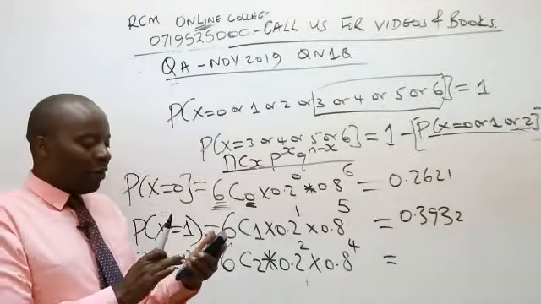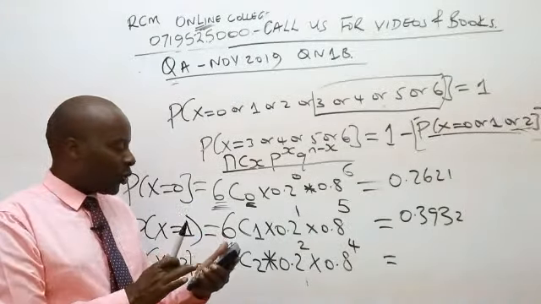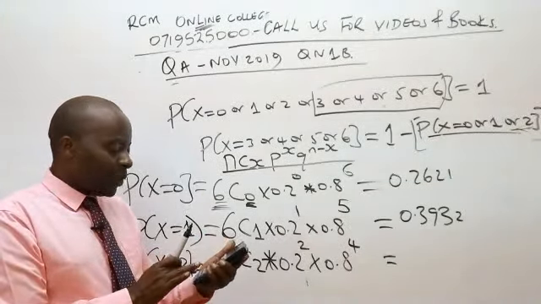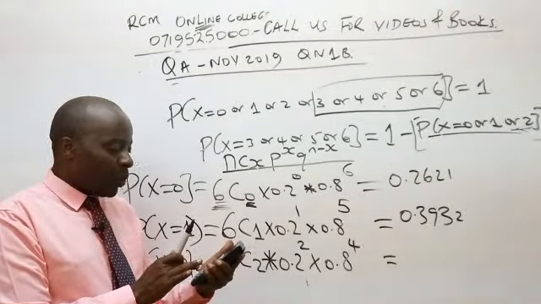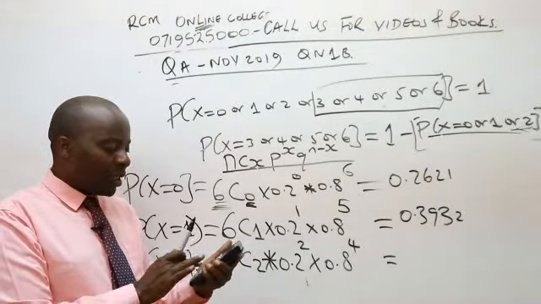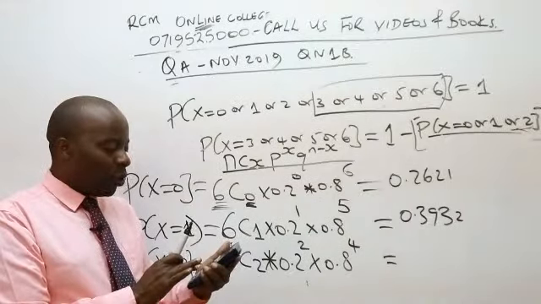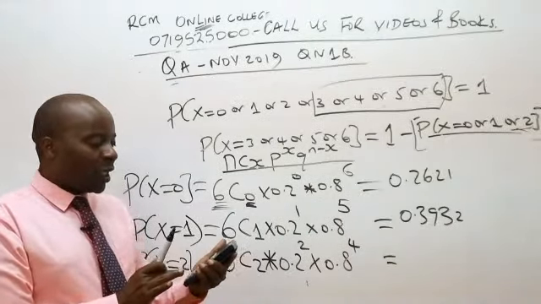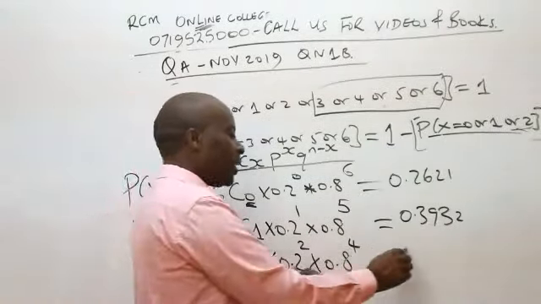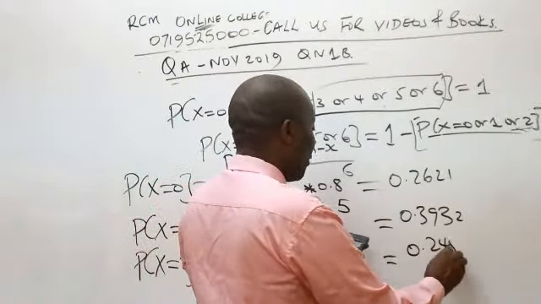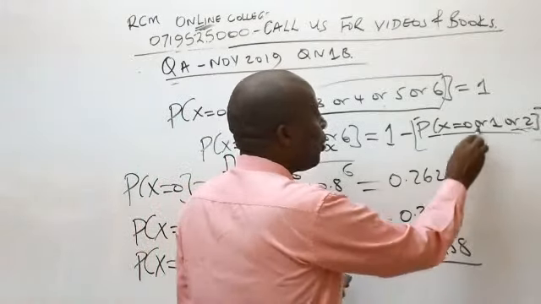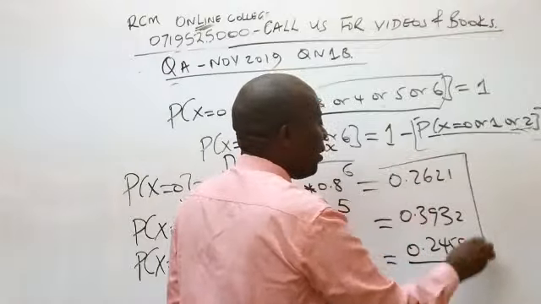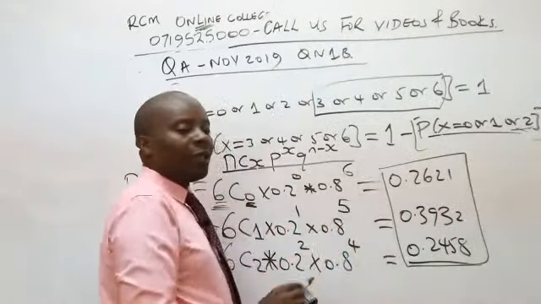So we have 6 combinations 2 times 0.2 raised to power 2 times 0.8 raised to power 4. At the end of the day, we'll end up getting 0.2458. Ladies and gentlemen, now come and give us a consolidated total figure.